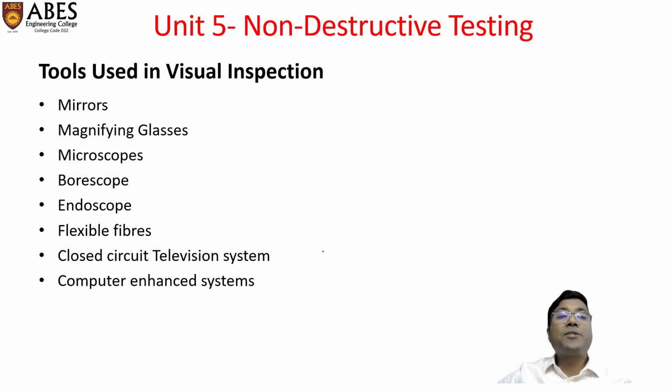Tools used in visual inspections to enhance the visibility are mirrors, magnifying glasses, microscopes, borescopes, endoscopes, flexible fibers, closed circuit televisions for remote viewing, and computer enhanced systems.